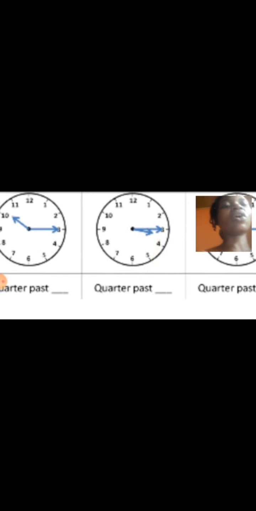So then I say this is 5:15. The next one, I have my long hand on 3 and the short hand on 11. Then I say 11:15. On and on. We have so many examples of such.